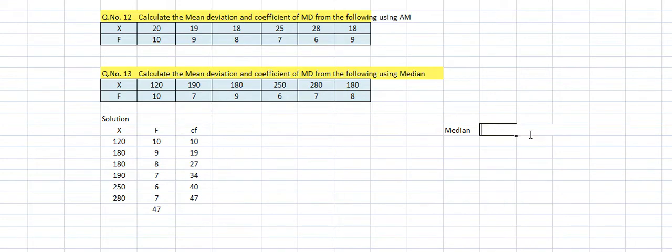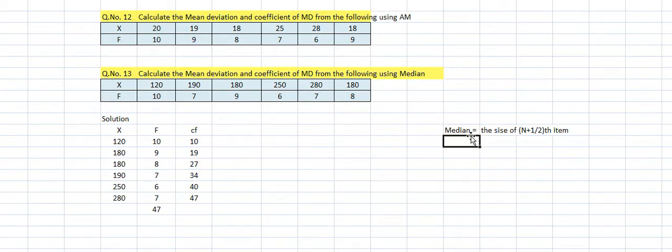I will show you once again. The formula is like this: the size of (n plus 1) whole divided by 2 th item. Clear?